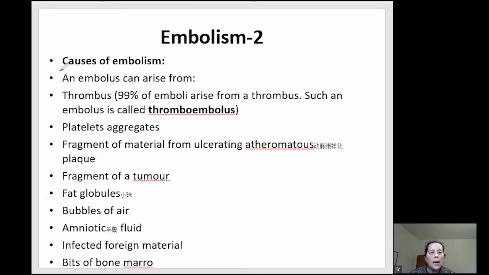Then let's talk about what causes embolism. What causes embolism? Most of them, about 99%, come from a big blood clot inside the blood vessels that then falls down.